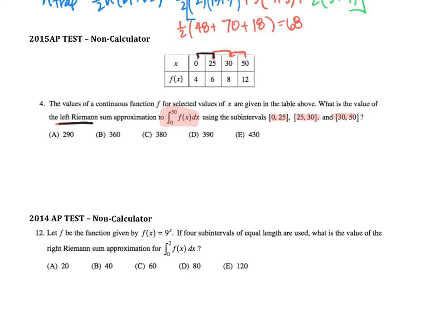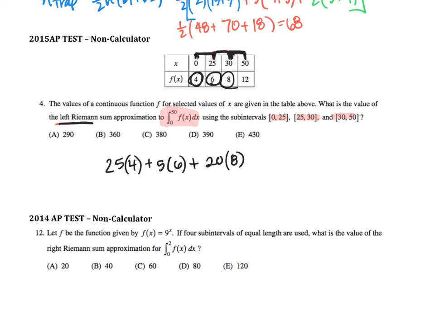If we're dealing with our first base, the distance from 0 to 25 is 25. The left height, the left value of my function there is 4. The next base of my rectangle would be the distance from 25 to 30, which is 5, and the left height being 6. And my final base is the distance from 30 to 50, which is 20, with a left height of 8.